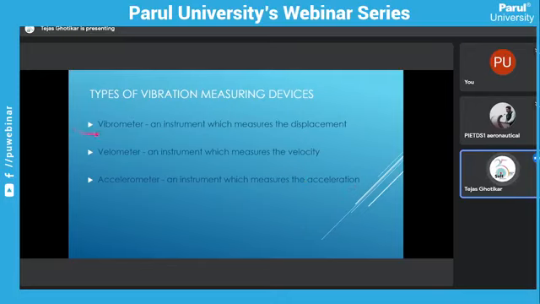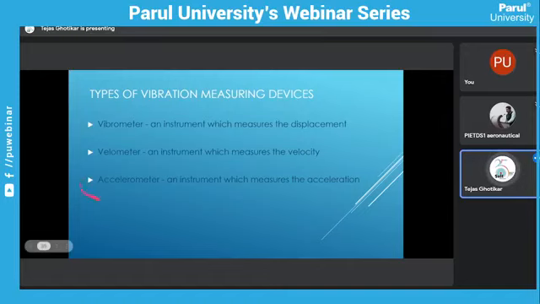Whenever we are working at a low frequency, we can go for a vibrometer or velometer. For example, consider vibration in a building. The building won't vibrate at a high frequency, it will vibrate very slowly, so in that case we can go for a vibrometer or velometer.